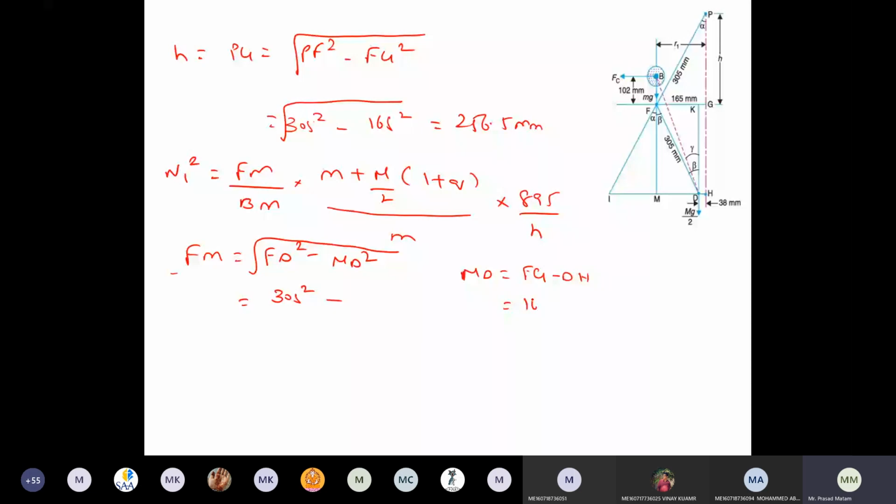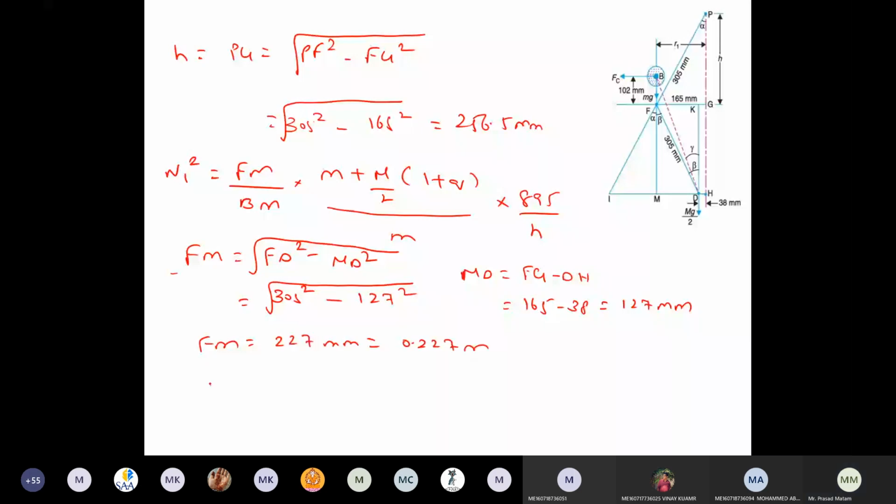What is the length we are getting? 165 minus 38, 127 mm. That is 127 square. So from this, how much is FM? 227 mm. That is 0.227 meters. Now we got FM.